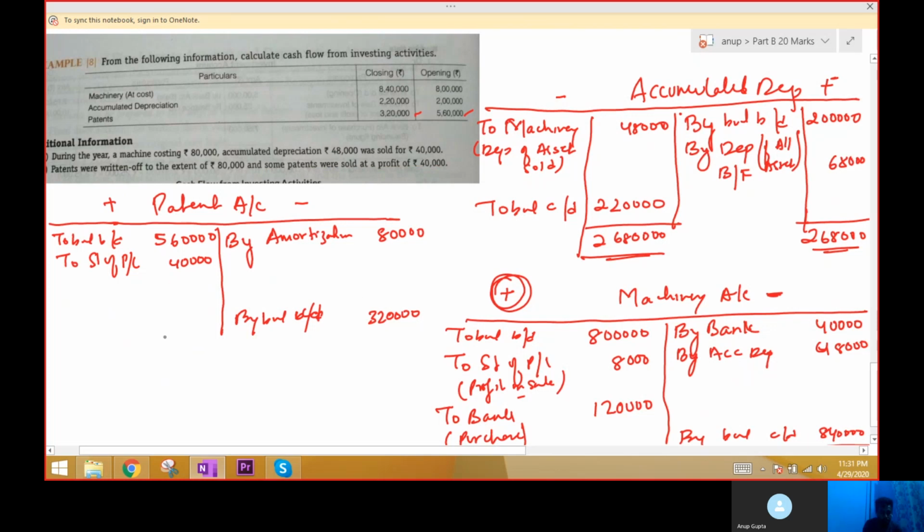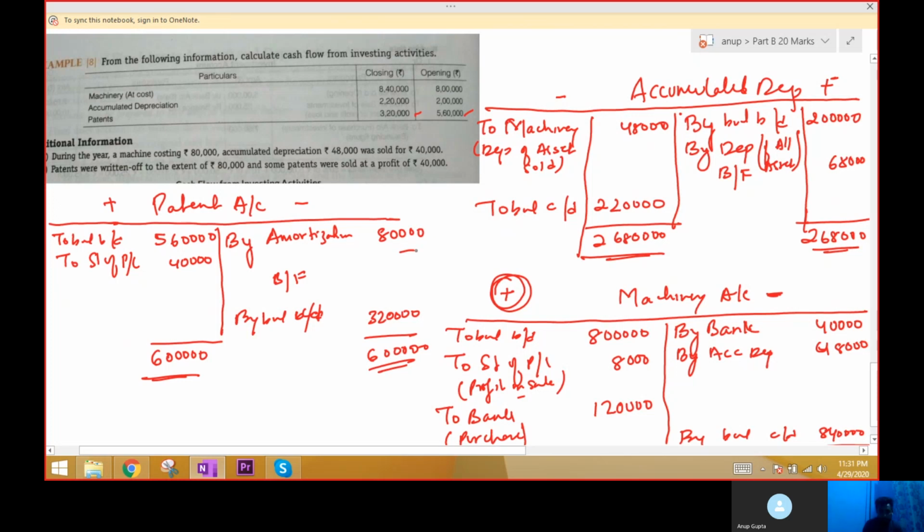Let us balance. This side is more, total is 6 lakh. The balancing figure on this side is 2 lakh.